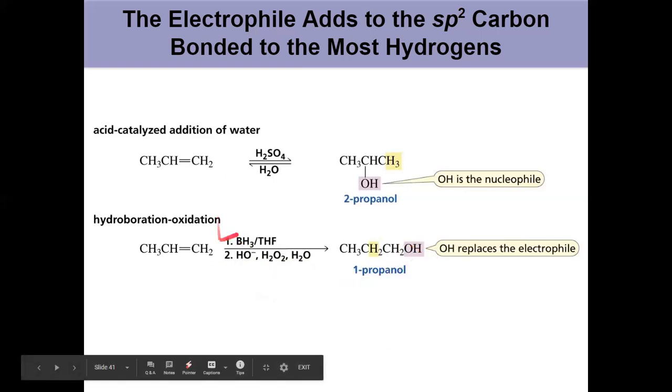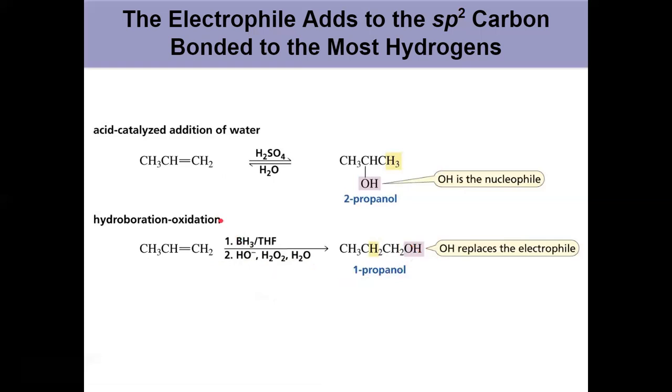In the first step, as I just mentioned, hydride is a nucleophile. So like the water nucleophile ended up on C2, here a hydrogen nucleophile ended up on C2. So that'll hopefully make a little bit of sense now. It'll make more sense when we see the mechanism. Just keep in mind that the alcohols are flipped between an acid catalyzed addition of water and a hydroboration-oxidation.